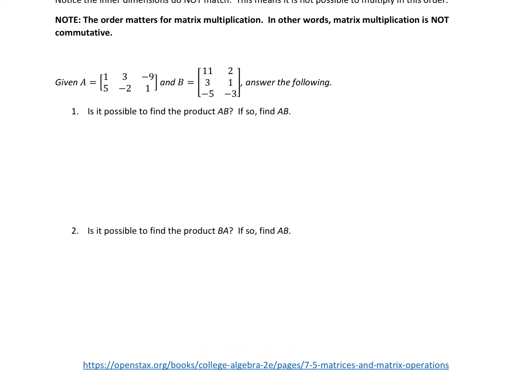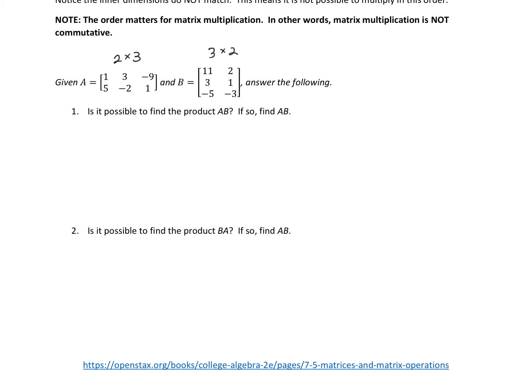Okay, so let's look at our problems here. We have matrix A and then matrix B defined as follows. Number 1, is it possible to find the product of A times B? If so, find it. So let's look at the dimensions. A has 2 rows and 3 columns, so it's a 2 by 3 matrix. B has 3 rows and 2 columns, so it's a 3 by 2 matrix.